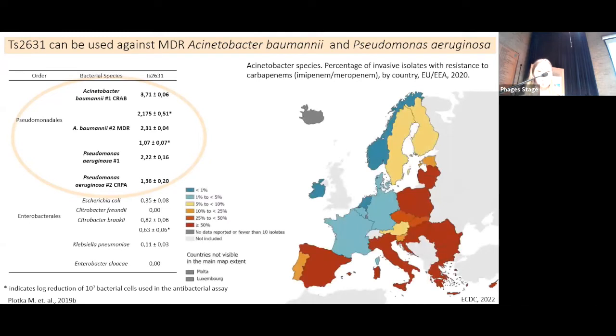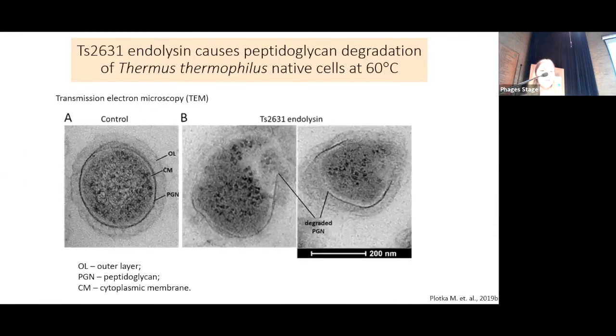And this is very good news because in Europe, in almost half of the countries, at least 25% of Acinetobacter species were resistant to carbapenems. Okay, so this endolysin can degrade peptidoglycan. We know that. And how does it work? The optimum temperature for this enzyme is 60 degrees Celsius.